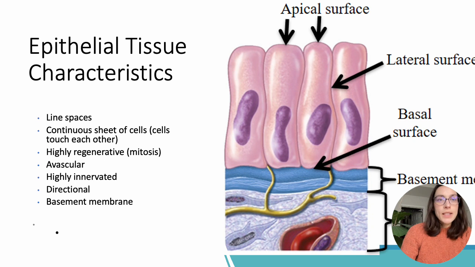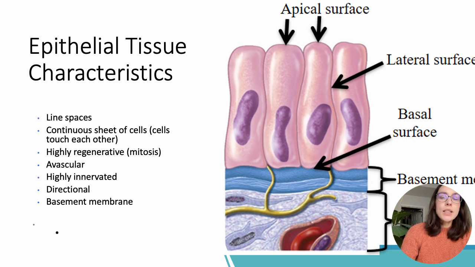They're avascular, and what that means is that there are no blood vessels going through the middle of this tissue. They are highly innervated, meaning that there are a lot of nerve endings for sensation found in between the cells of this tissue.